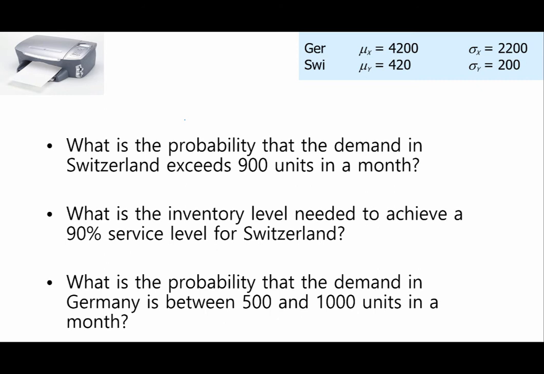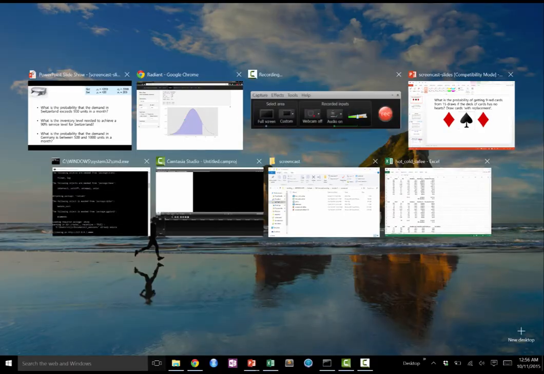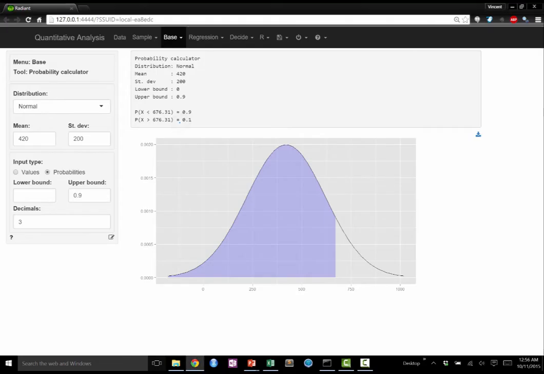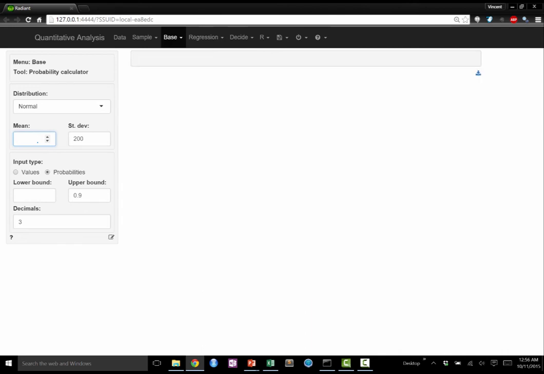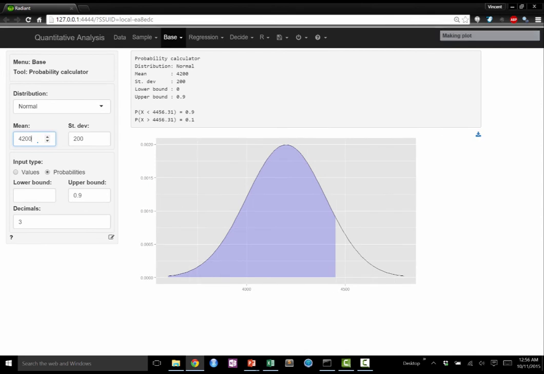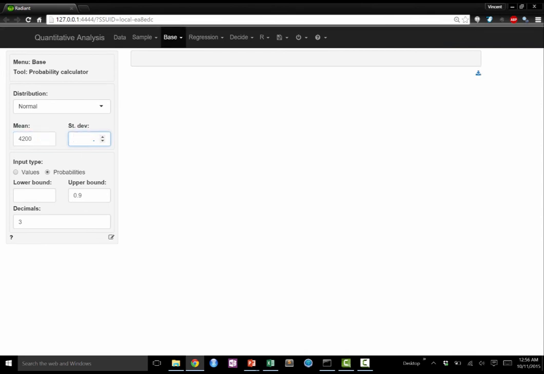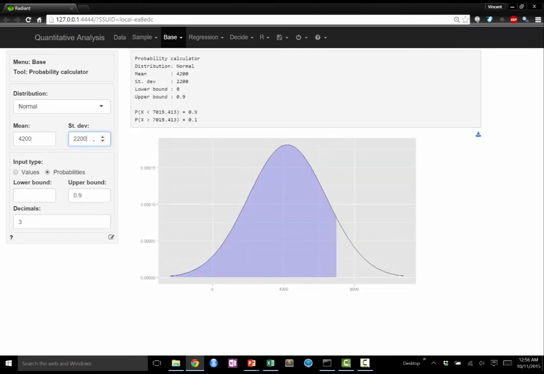All right, last option. What's the probability that demand in Germany is between 500 and 1,000 units in a month? Well, Germany has a different probability distribution. It's normal as well, but it has some different parameters. Right? There's a lot more demand coming out of Germany. So the expected value or the mean is 4,200 and the standard deviation is 2,200. So it's a wider distribution.